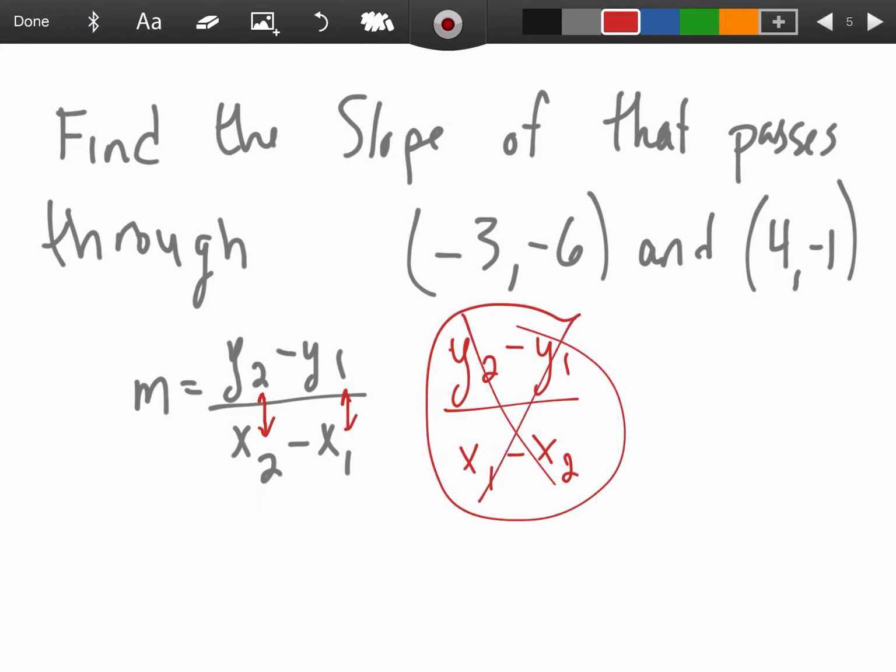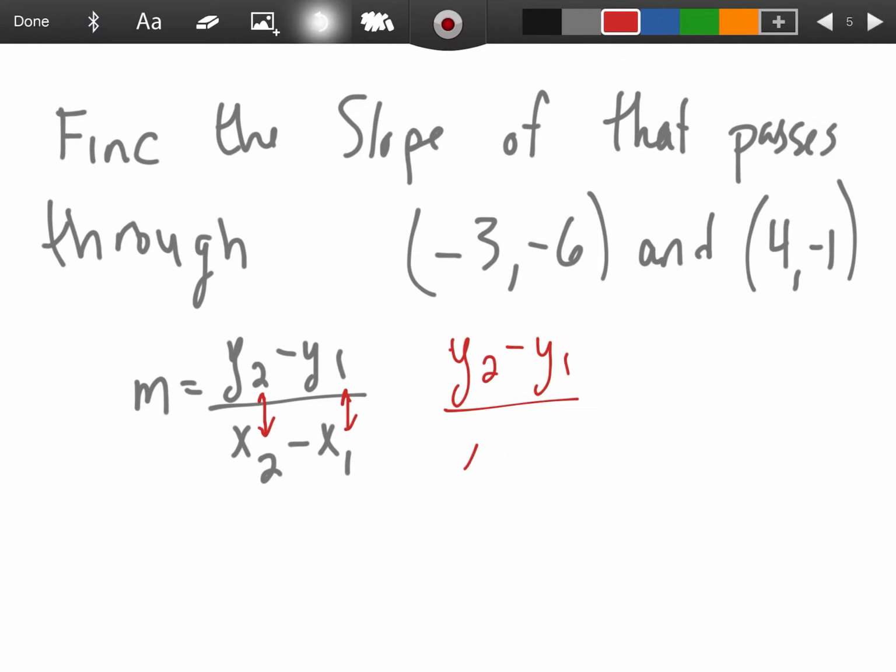That is not okay. All right, that is not okay. However, what we could do is we could switch it and do y1 minus y2 over x1 minus x2. All right, either way that we do it, we're going to get the same exact answer, because by switching both, we would just make them both the negative of the original, and we know a negative divided by a negative is a positive, so it would be the exact same.